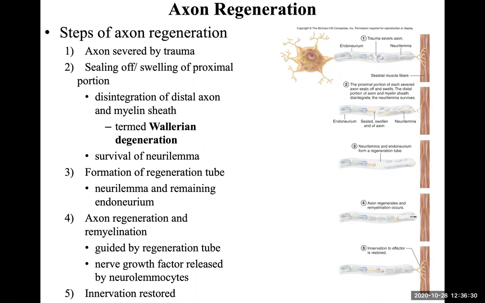One other thing I wanted to say, because I brought up that axon regeneration happens all the time in the peripheral nervous system, but it's very limited within the central nervous system. Another reason why we do not see axon regeneration happening very well within the central nervous system is that oligodendrocytes do not secrete growth factors.